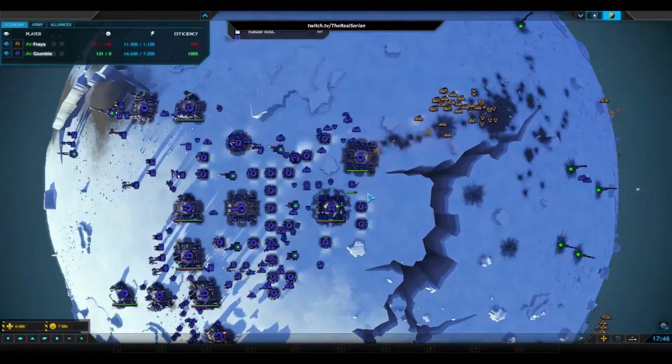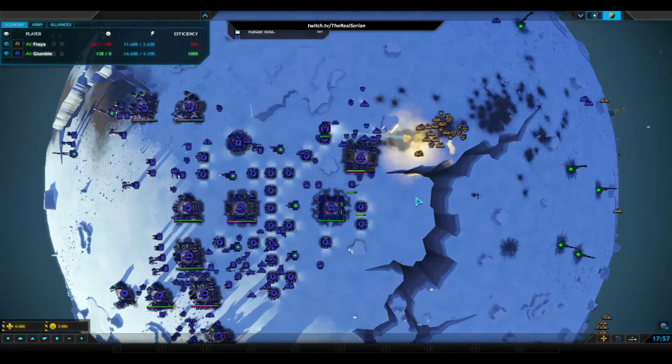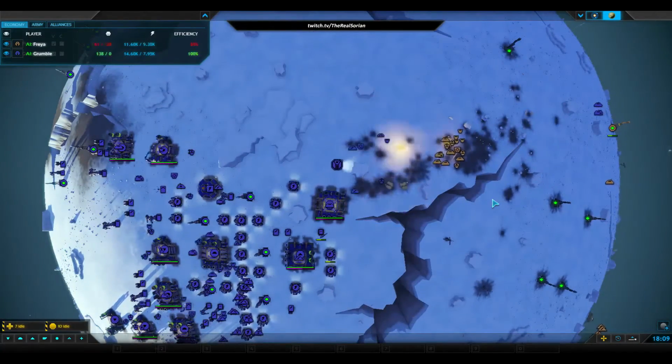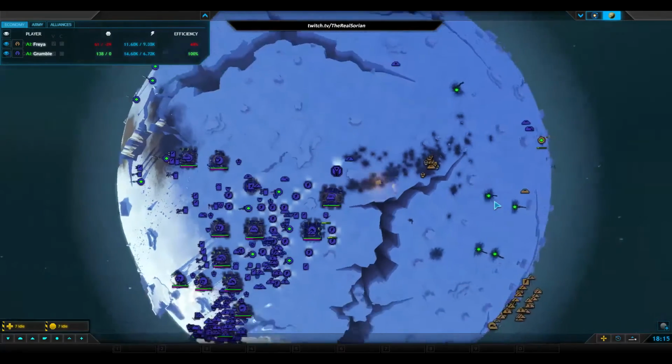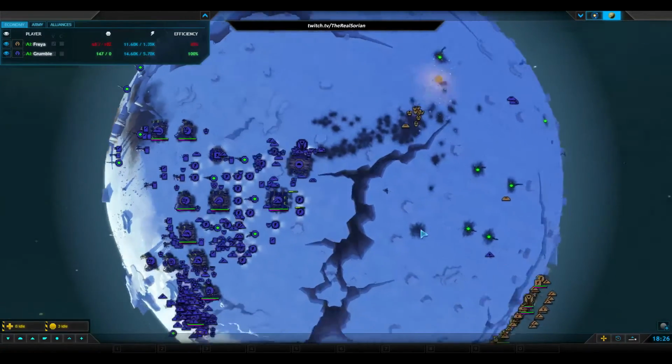That's a good little push. Yeah, commander's moving forward. I wish I could give them the, well, no, I don't know. The refire rate on the Uber cannon is so high that maybe that's not a good idea.